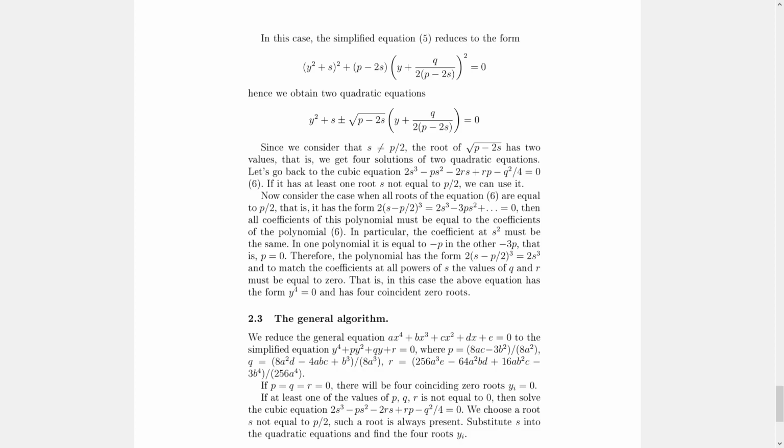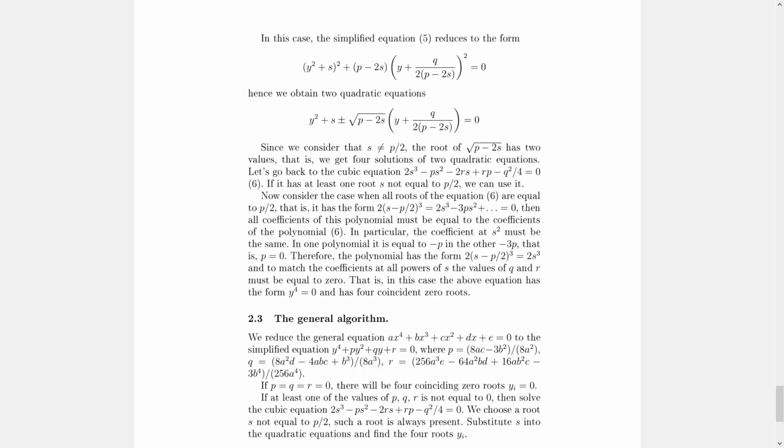Hence, we obtain two quadratic equations: y squared plus s plus or minus the square root of p minus 2s multiplied by y plus q divided by 2 times p minus 2s equals 0. Since we consider that s is not equal to half of p, the root of p minus 2s has two values. That is, we get four solutions from the two quadratic equations.